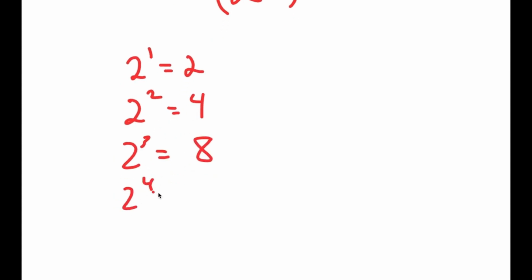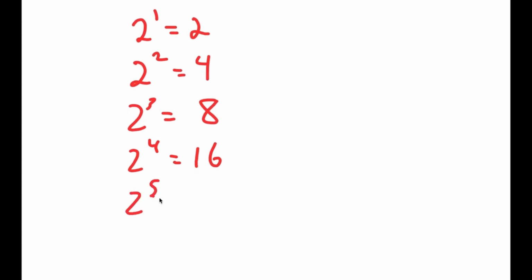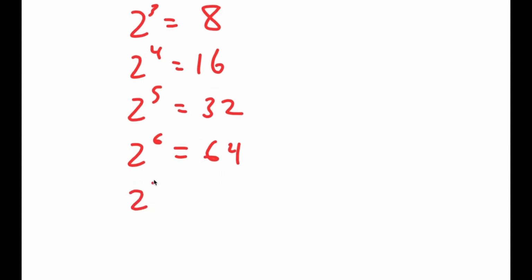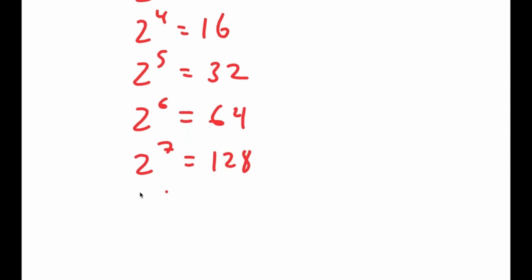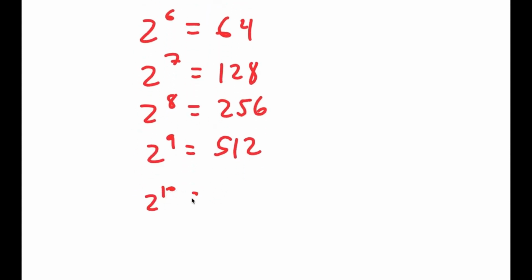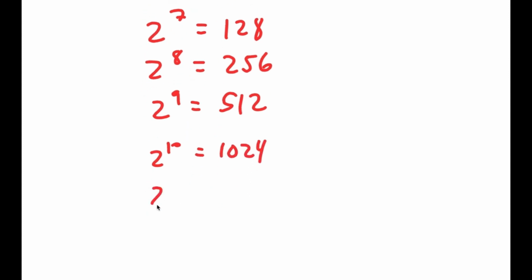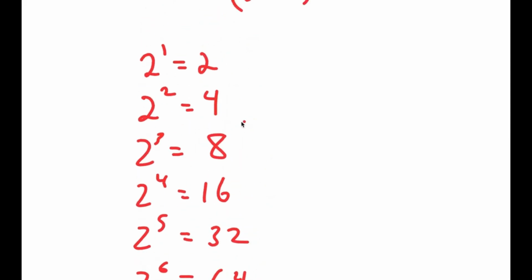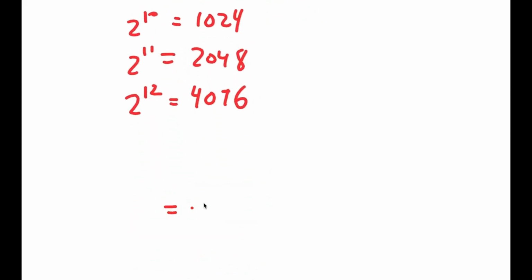So this pattern goes on, and I keep on doubling until I reach 2 to the power of 12, which is equal to 4,096. So this is my value for 2 to the power of 12. So now I get 4,096 squared.